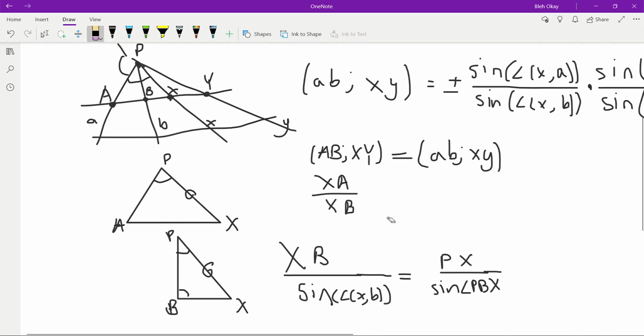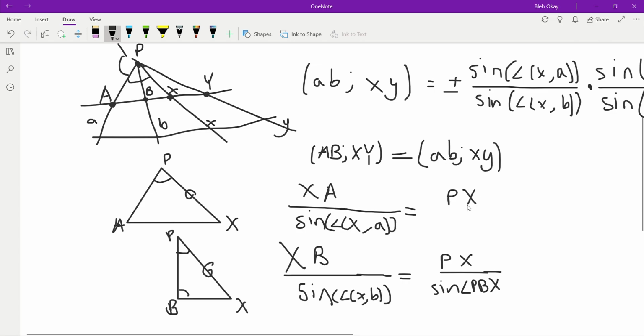and I'll write right above it, we have the similar result for XA. XA over the sine of the angle from X to A is equal to PX over the sine of the angle PAX, sorry, that's what I meant.